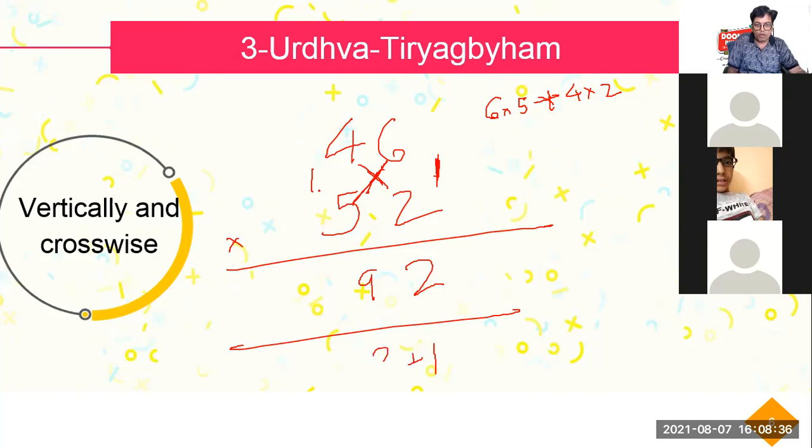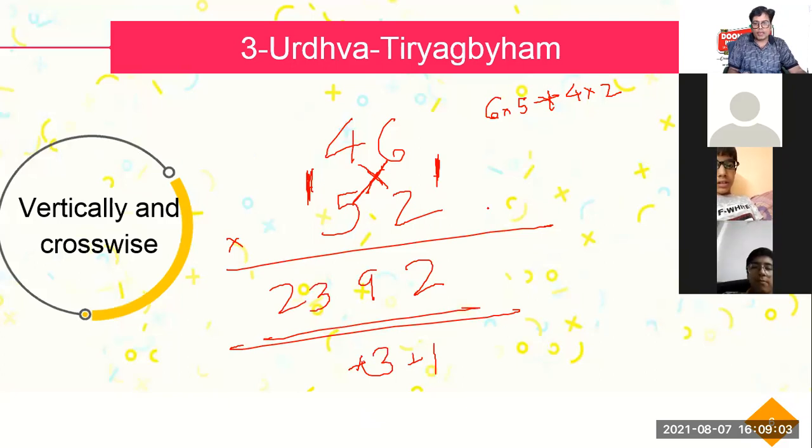Again carry over 3. Now this one, 4 into 5. 4 into 5 is 20, and 3 will be 23. The answer is 2392. Got it? Is this clear to you all? Anybody if have confusion, you can ask me.